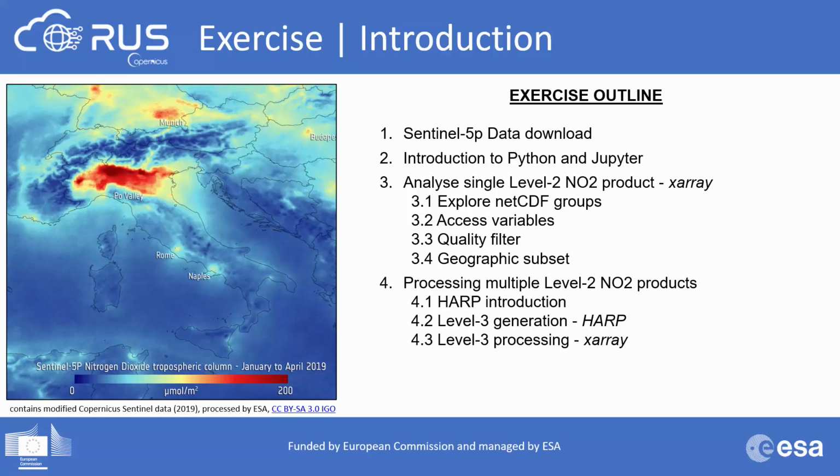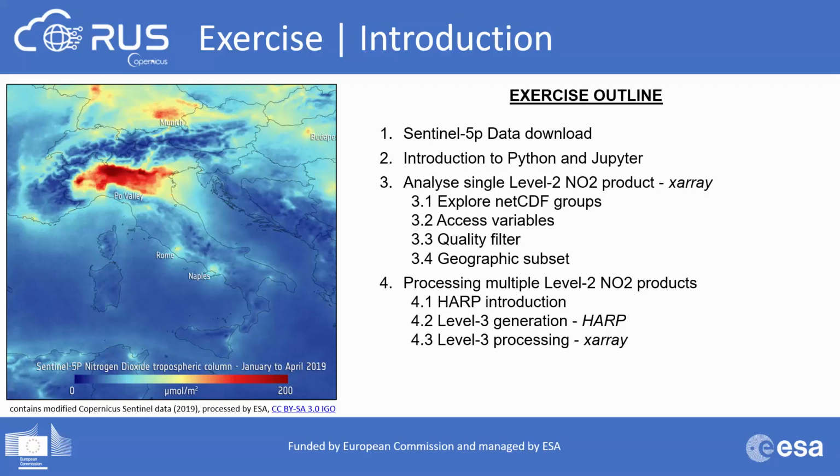In the second part of the exercise, point 4, is where we will actually run the analysis of pollution over Spain due to the COVID outbreak. In this case, we will use HARP to move our data from level 2 to level 3, and we will see later what that means. And then we will use Xarray to manipulate the output of that and derive our final results.